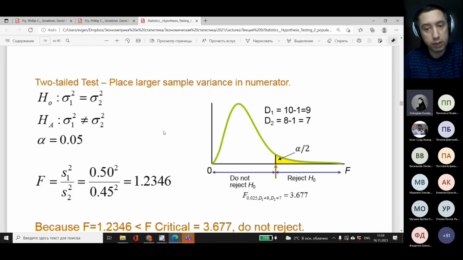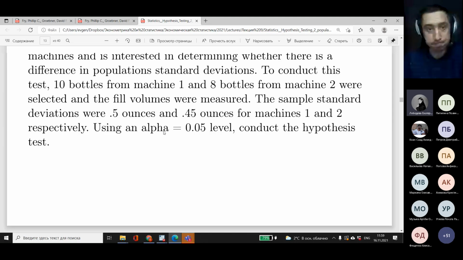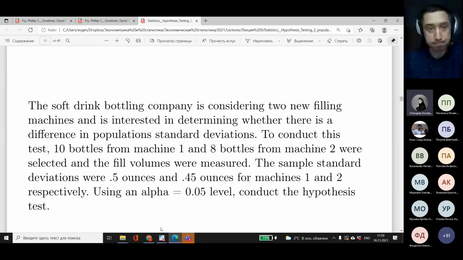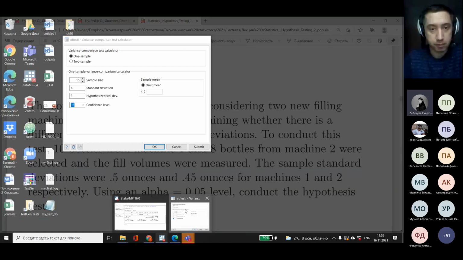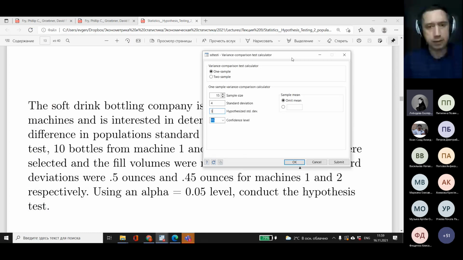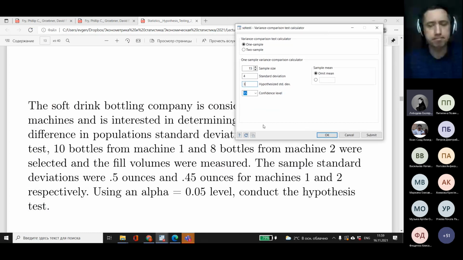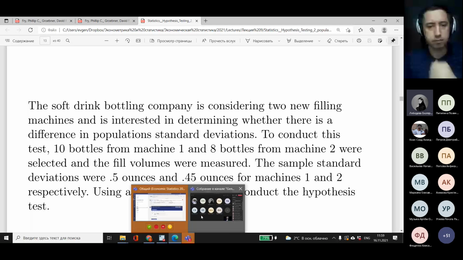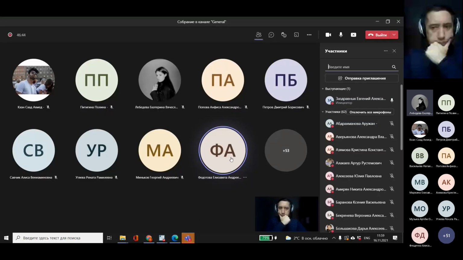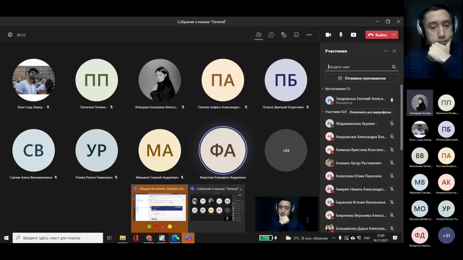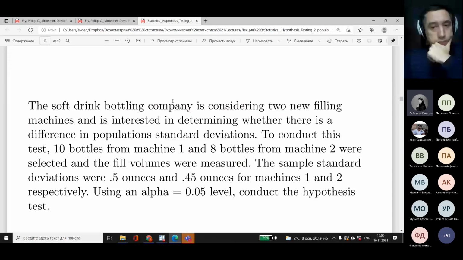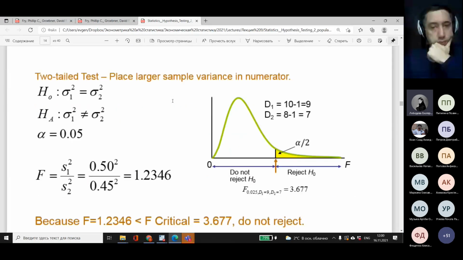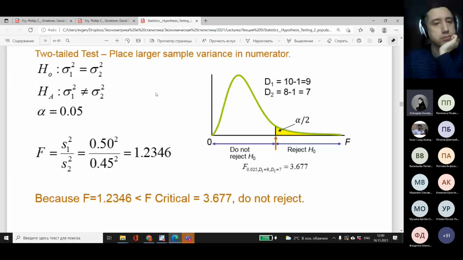Now let's repeat this task using Stata. Again, a question about F critical: we need to find the intersection of 9 and 7, and there we will have a number.